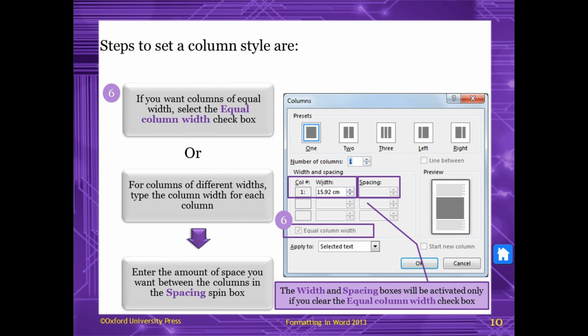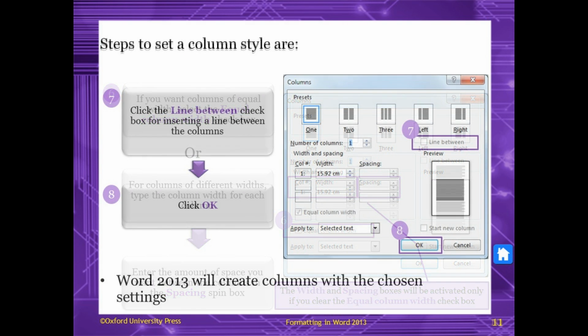If you want columns of equal width, select the Equal column width checkbox, as you see in the picture, or for columns of different widths, type the column width for each column. Enter the amount of space you want between the columns in the Spacing spin box, as you see in picture number 10.